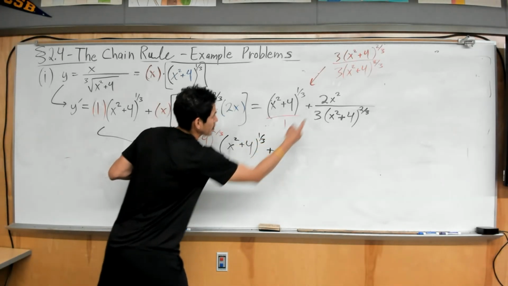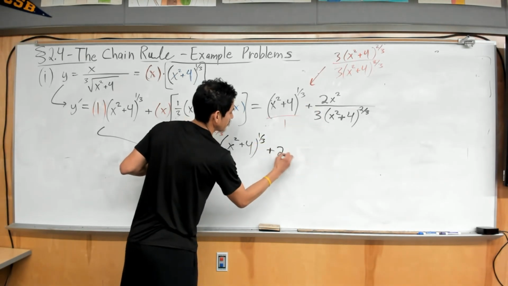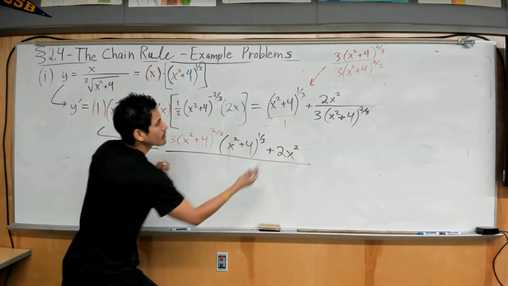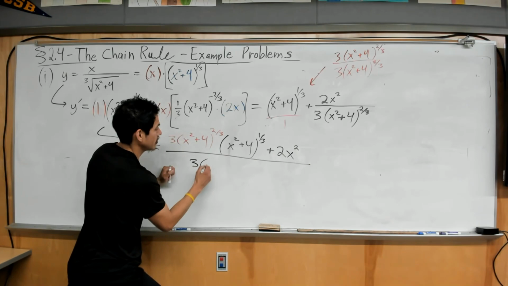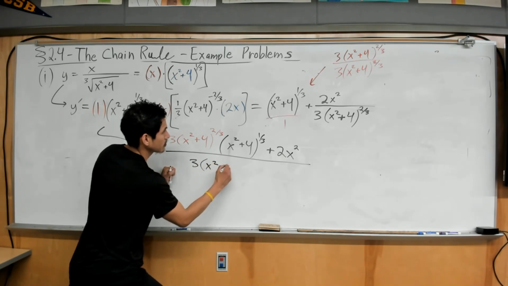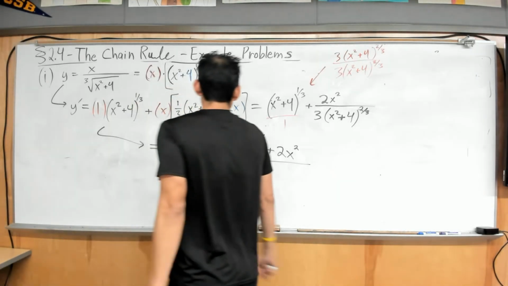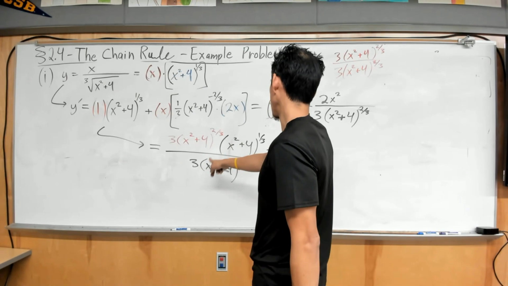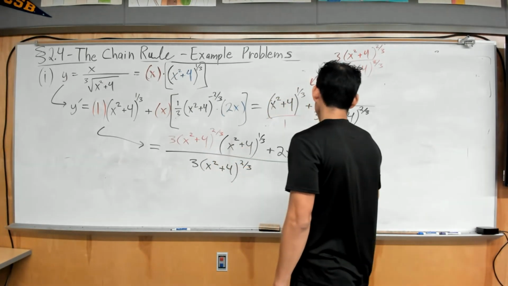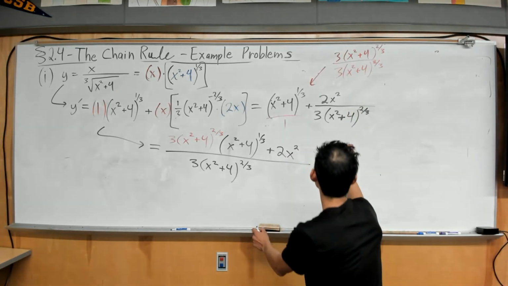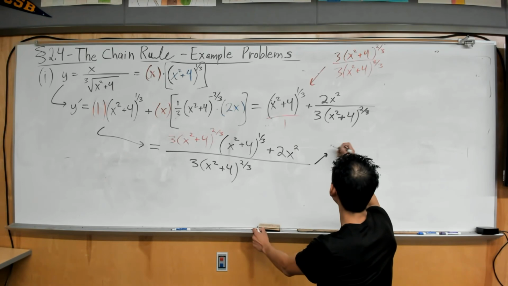You can combine them all together now because they're going to have a like denominator, plus 2x squared all over 3 times x squared plus 4 to 2/3. These combined, they just be x squared plus 4. Oh, okay, I know what they're trying to show here. This is actually a cool one, sort of.